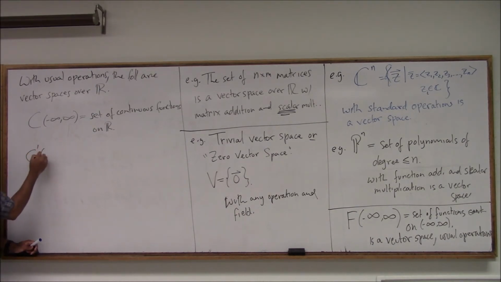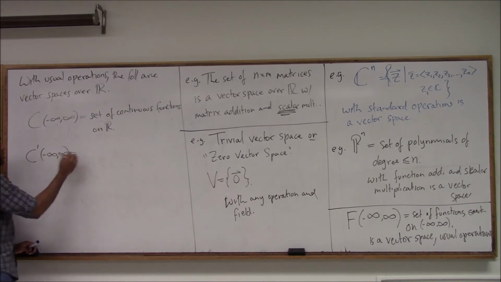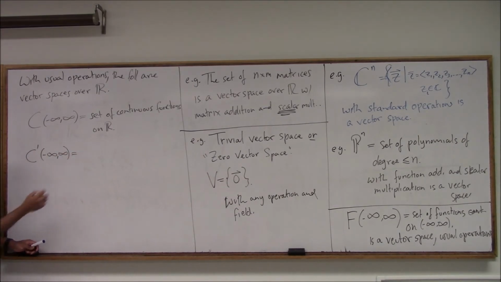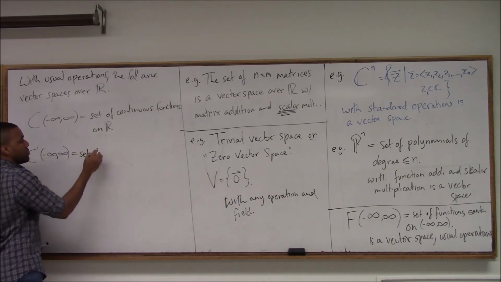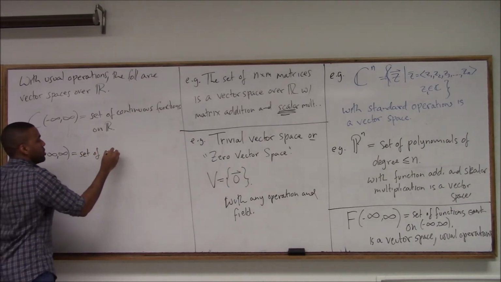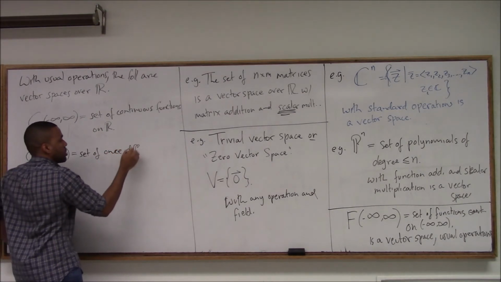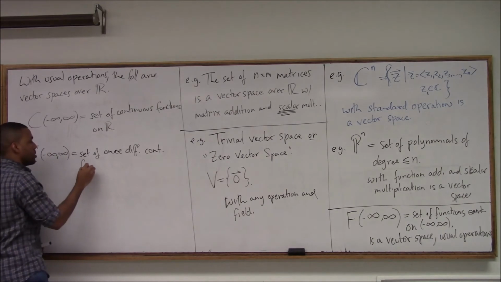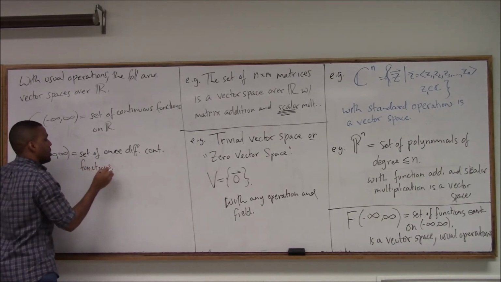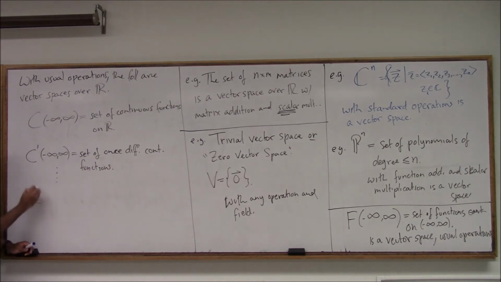There's also the set C1. Those of you who are math majors will start to see these all over the place all the time. This is the set of once differentiable continuous functions. And you can have all sorts of these. In general, you can talk about Cn.